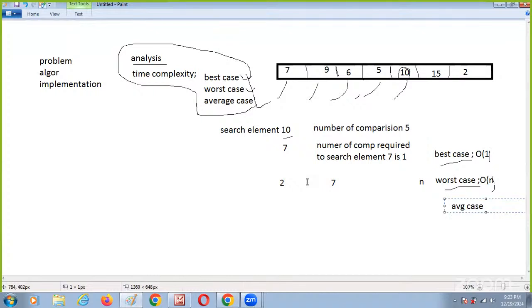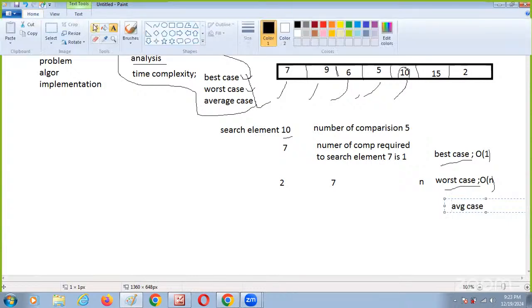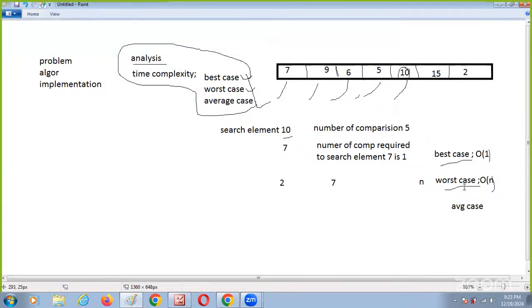If it is in the middle, that is called the average case. So you can try to write it down.